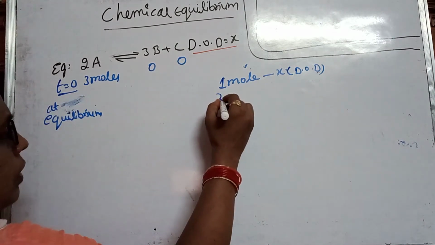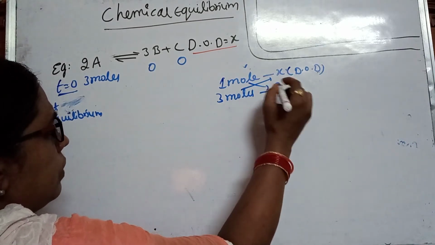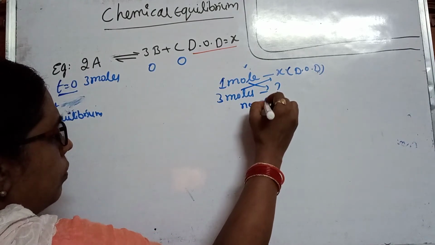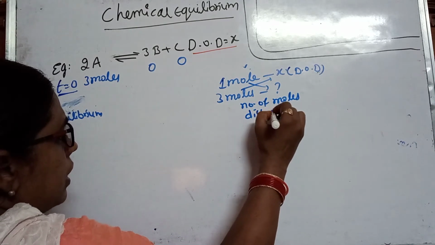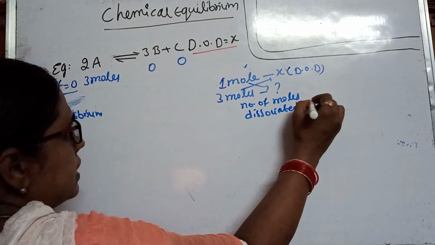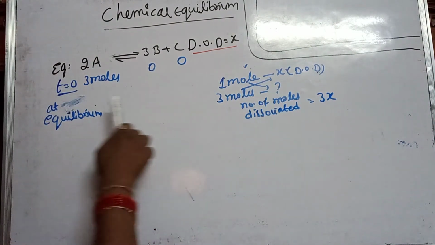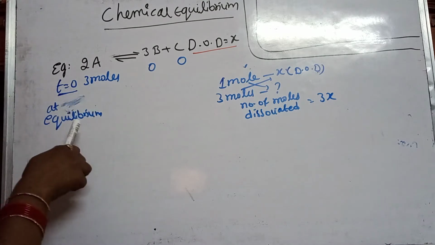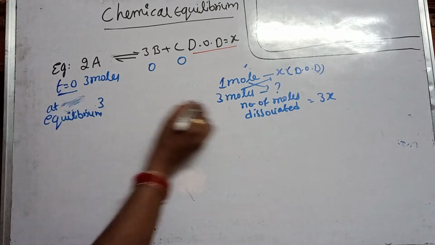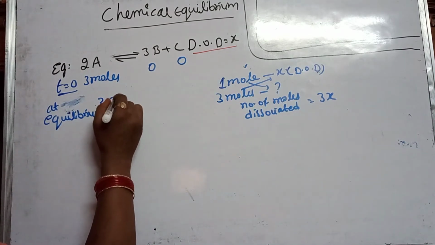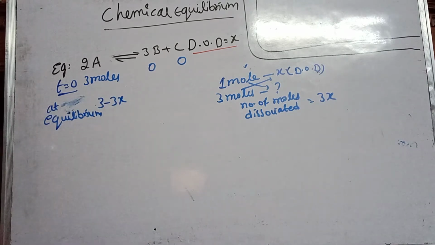So for 3 moles, by cross multiplication we get the number of moles dissociated, which is 3x. So this is dissociated. Here 3 moles is the initial, so we subtract this 3x from the initial 3 moles.